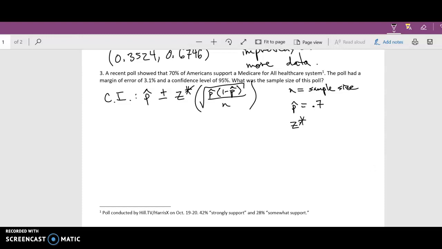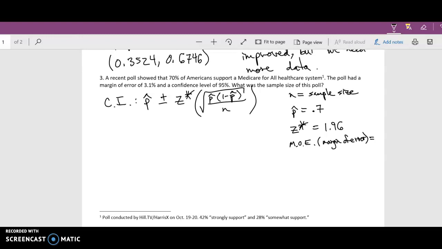Z star is, for 95% confidence level, it's 1.96. Again, on the notes from last class. Okay. They tell us that the margin of error, I'm just going to use this abbreviation, is 0.031.